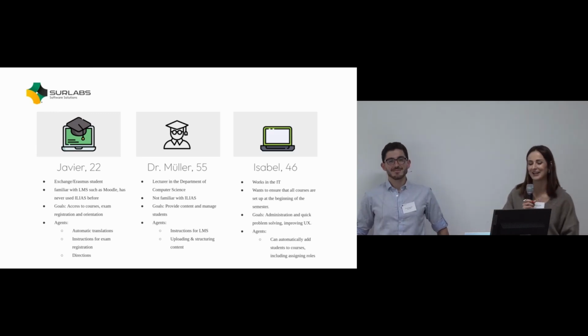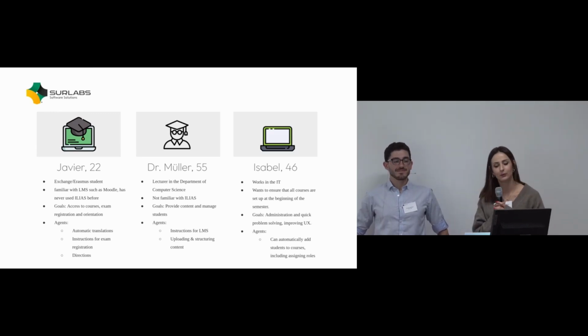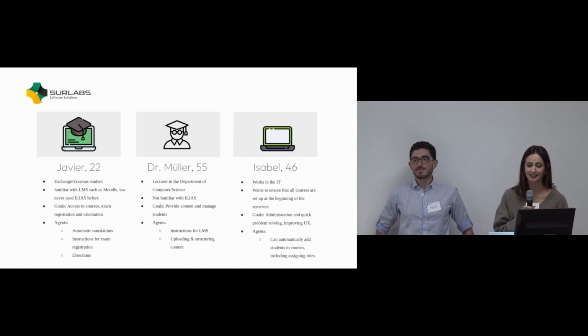To make it maybe clearer, we created personas. For example, we have a student called Javier, who is 22 years old and an Erasmus student from Spain. He never used ILIAS before because he's coming from a Moodle platform. He wants access to the courses, wants to register for exams, and doesn't know what the campus looks like, and the agents can give him those answers.